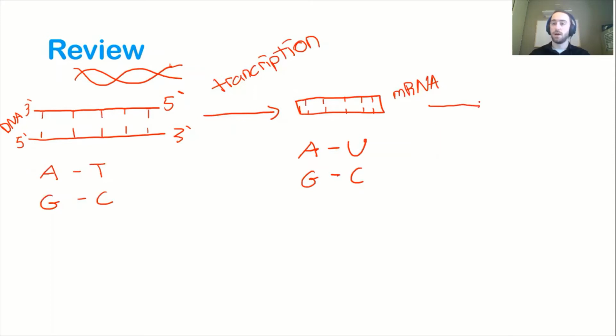This is just a review. And then finally, our mRNA molecule is going to go on and aid to form our proteins, right? Or to form our amino acid chains. So this step, again, something we talked about before, is translation.